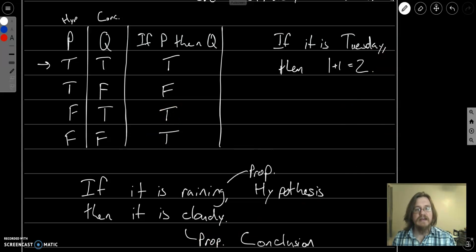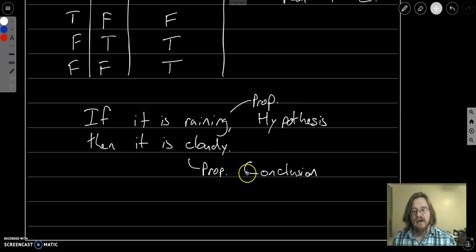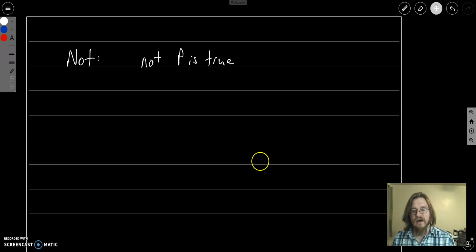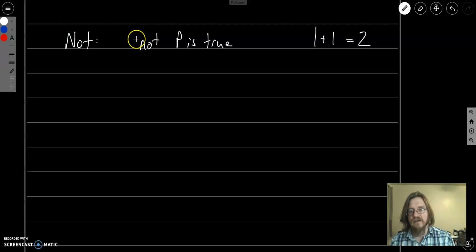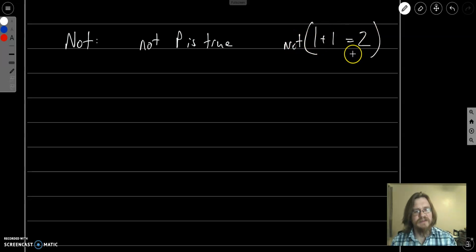And the very last thing to mention is just the word not. Whenever you have a statement, whenever you have a proposition, say like 1 plus 1 is equal to 2, you can add a negation in here. So if I wanted to say, not this statement, that would be that 1 plus 1 is not equal to 2.